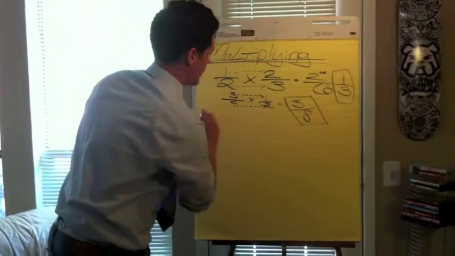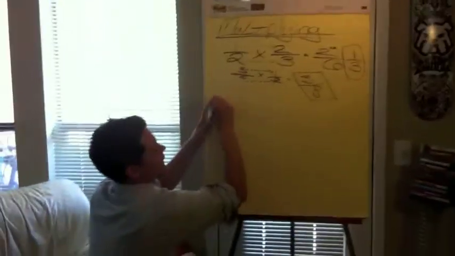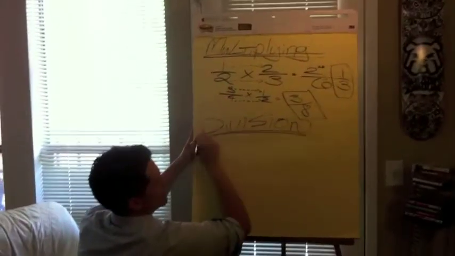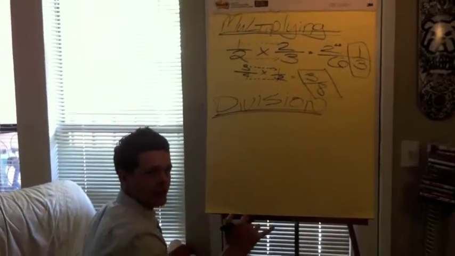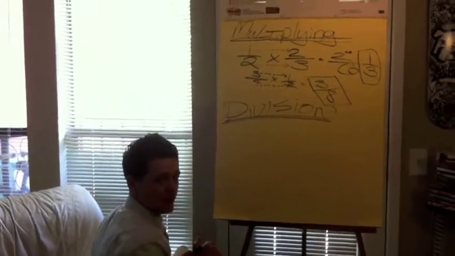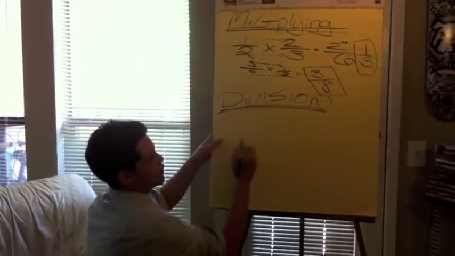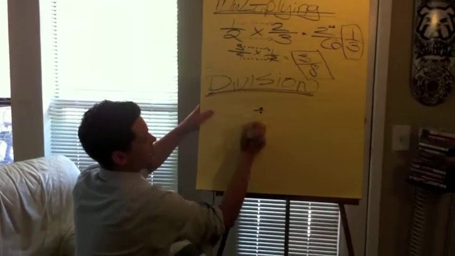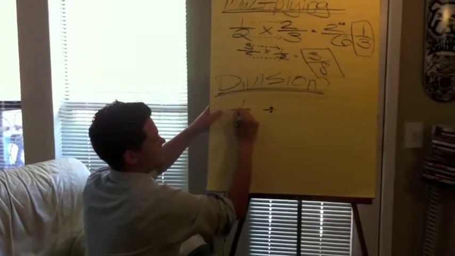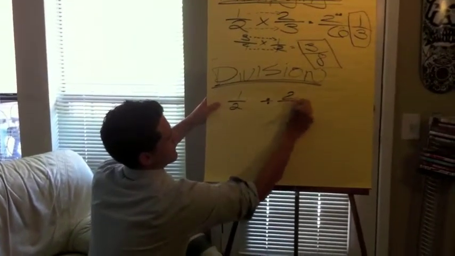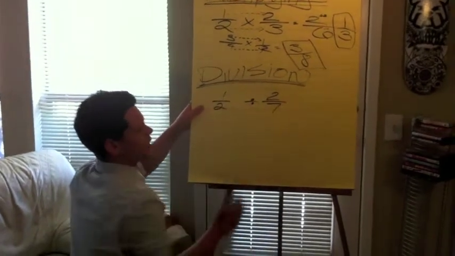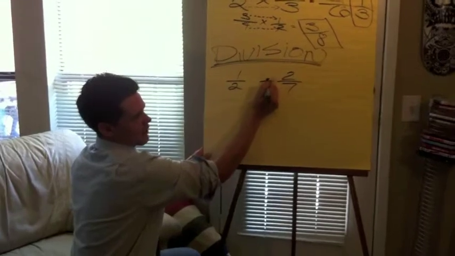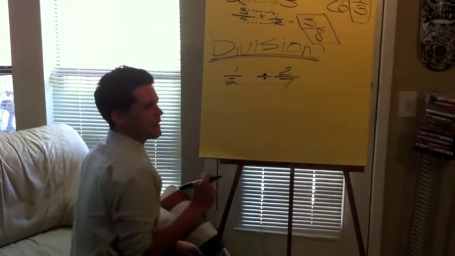Now last thing I want to show you is division. Now I want you to basically think that there is no such thing as dividing fractions. Alright? What you have to think of whenever you see division of fractions, when you see division, kind of pretend that the division sign right there looks like a piece of chicken.